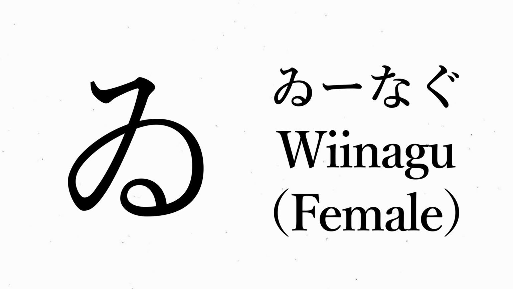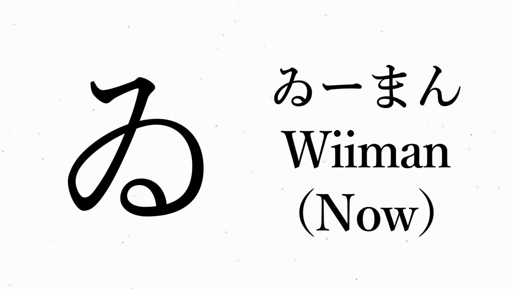Usually we is used in some Okinawan words, an example of a word being winagu, which means female, and wiman, which means now. It's also used as digraphs. So a digraph are those combination characters you'll see when there is a big kana and a small kana next to it. These combinations are used to make sounds that don't have their own specific characters.